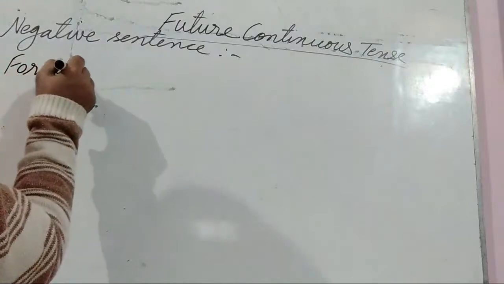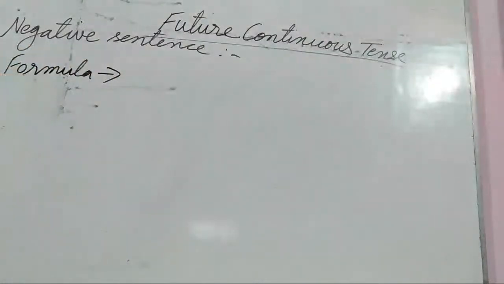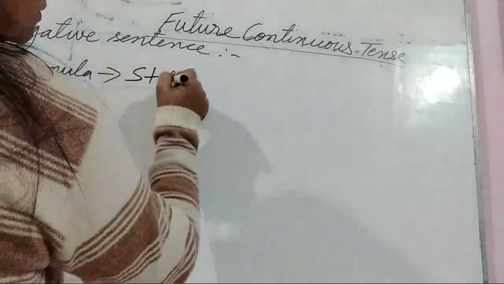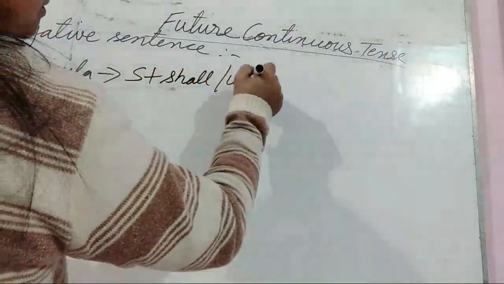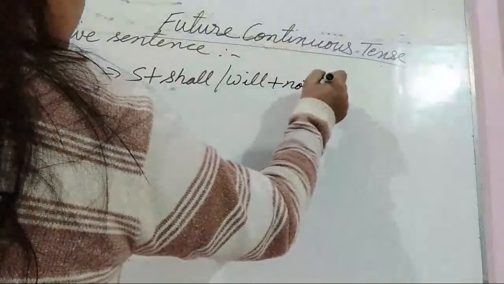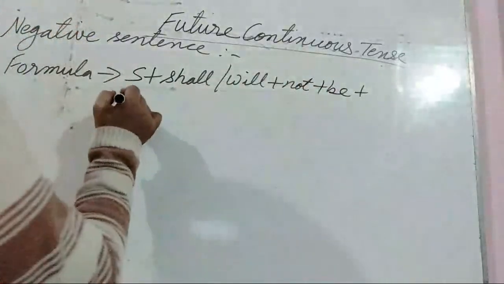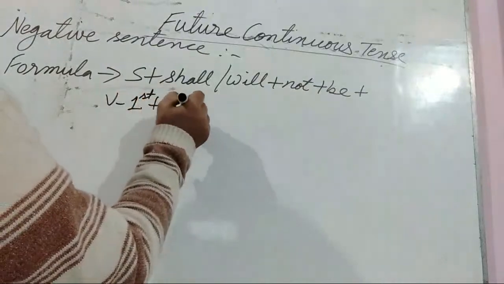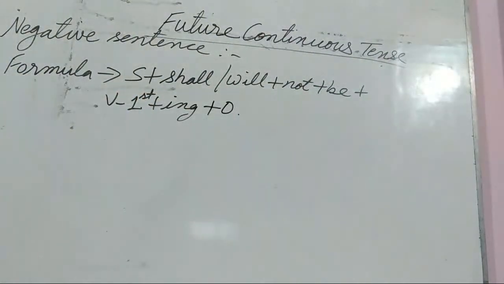So the formula to change a sentence into negative sentence in future continuous tense is: subject plus shall or will plus not plus be plus verb first form plus ing plus object.